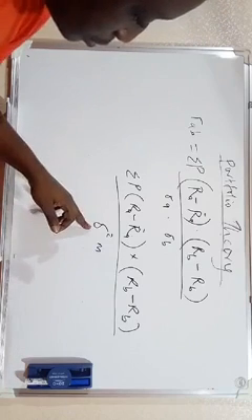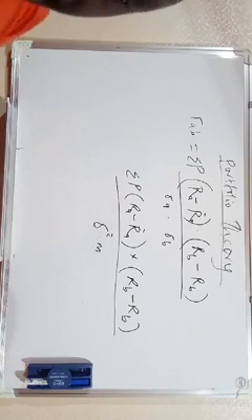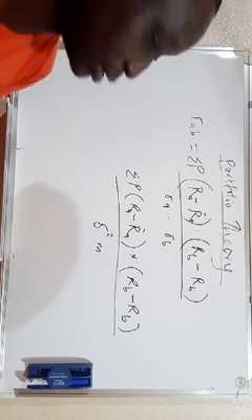You will discover that this one is squared because likes have to come together.